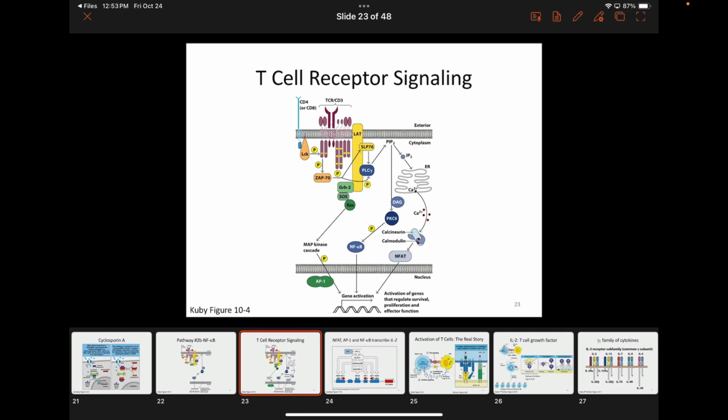So if I use cyclosporin, and I've got my 3 transcription factors, what happens to NFAT? Yeah, Julie. It can't go to the nucleus. Yeah, NFAT is blocked. We cannot make NFAT.